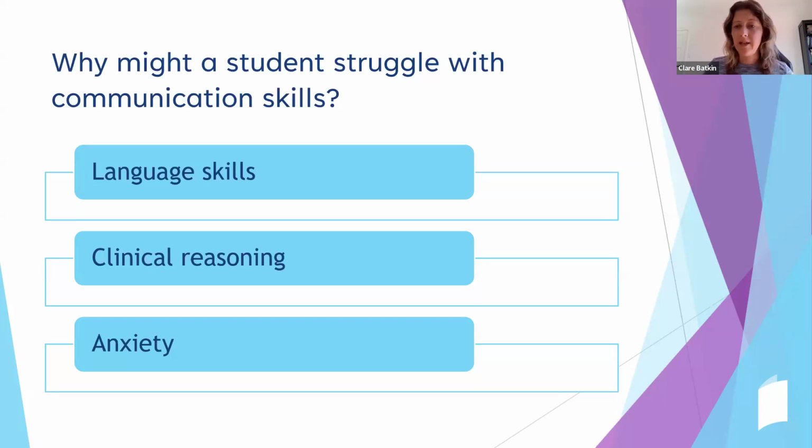And finally, anxiety. Particularly in Australia, lots of universities make adaptations to allow students with anxiety type diagnoses to do an OT degree, but when it comes to their placements, it's not a requirement that they disclose that to their supervisor.